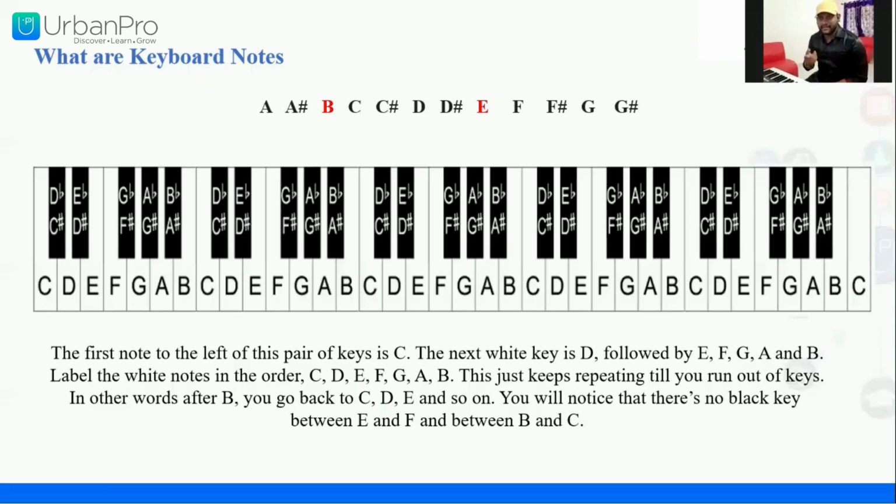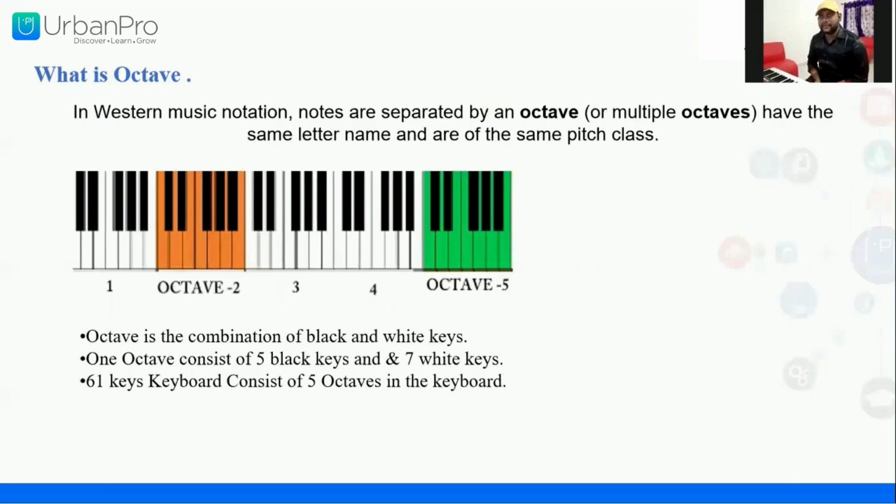Okay, let's go to the next slide so we can explain the octave in detail. What is an octave? It is a Western type of notation. The notes are separated by an octave, with the same letters at a different pitch. In a 61-key keyboard, we have 5 octaves. What is meant by an octave? Five black keys and seven white keys together are called an octave.